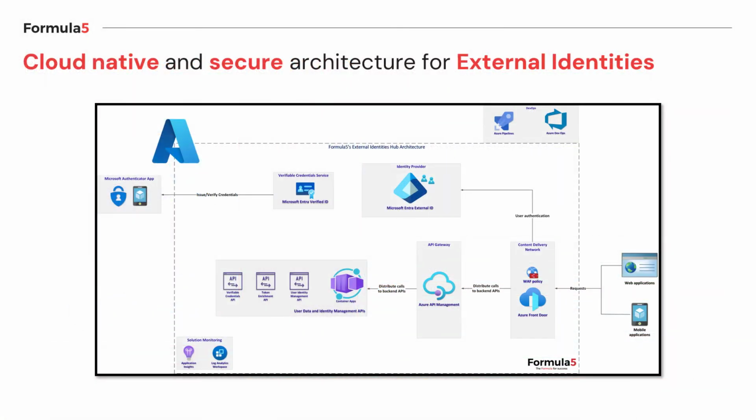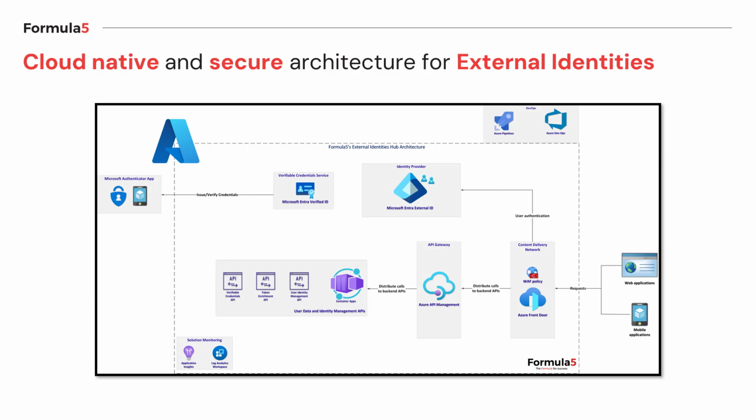Cloud native and secure architecture for external identities. That's what I mentioned. As you remember, it's not only about the identity provider. Obviously, Microsoft Entra External ID is the heart of the system because it's used for registration and authentication for users.